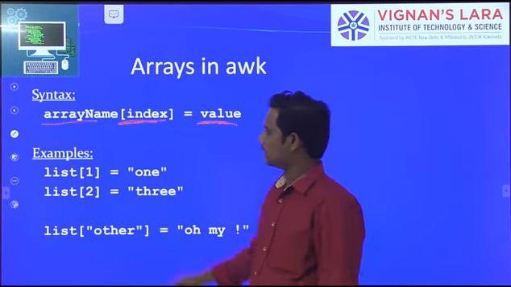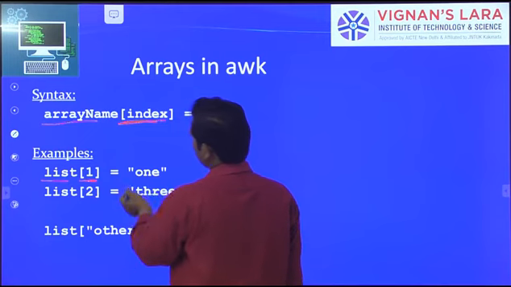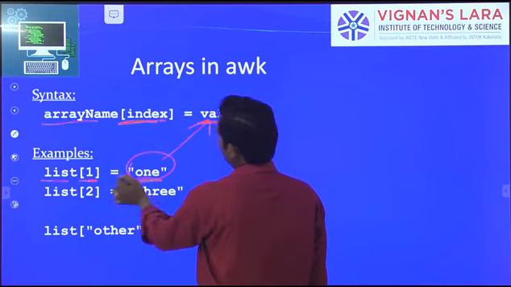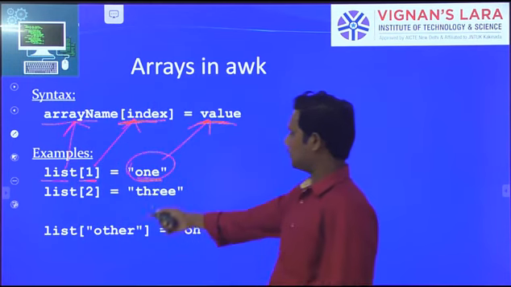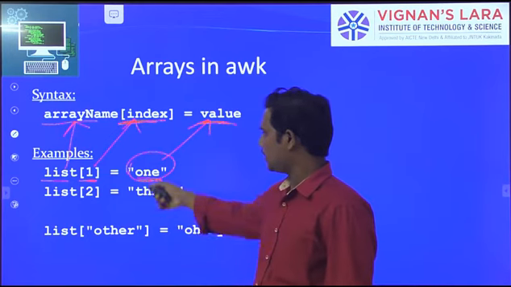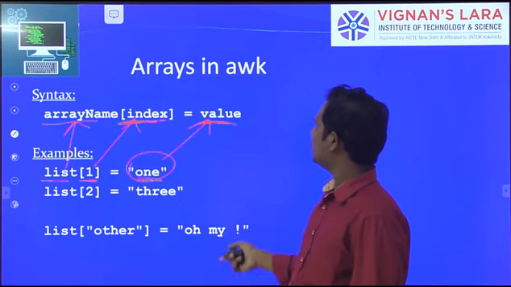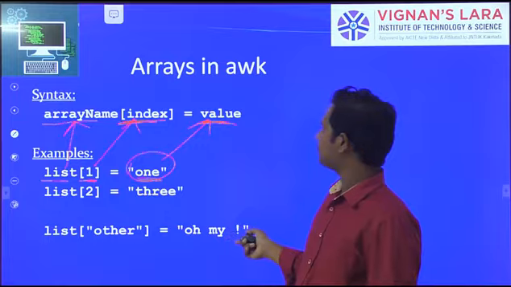Here you can see the example, list is an array name, and this is the index equal to 1. It is the value, it is the index, it is the array name. So simply I am writing. Even in the AWK command, you will directly use this type of format, array index. Okay, so arrays also we can use to support the AWK command. Thank you.